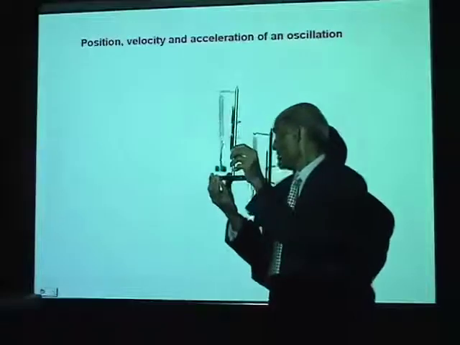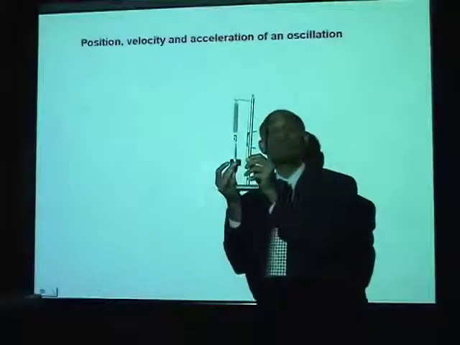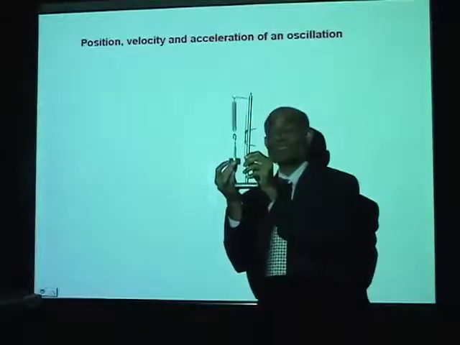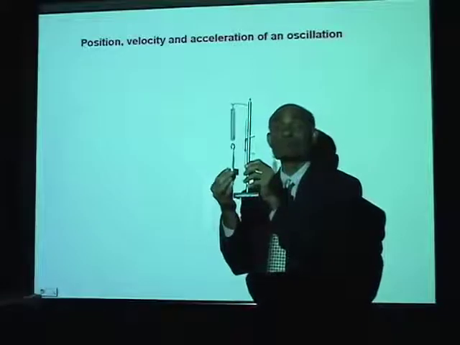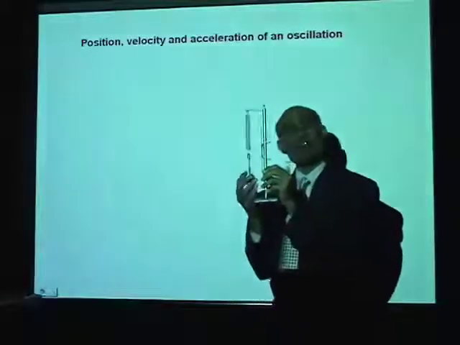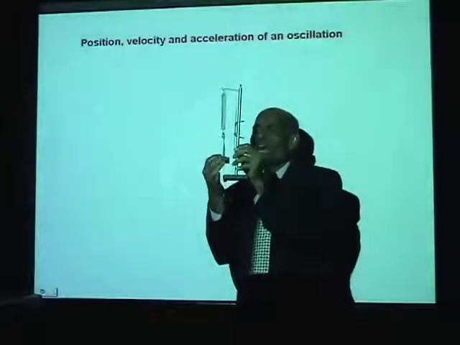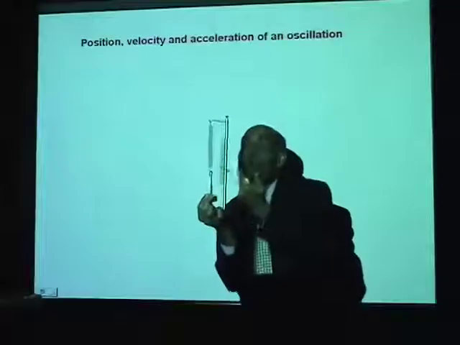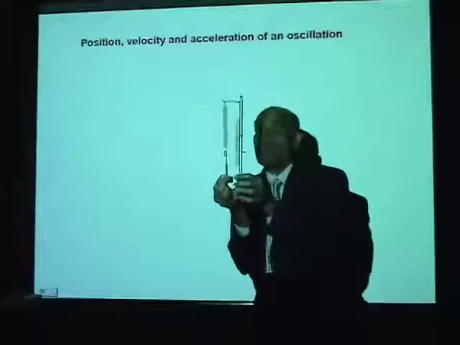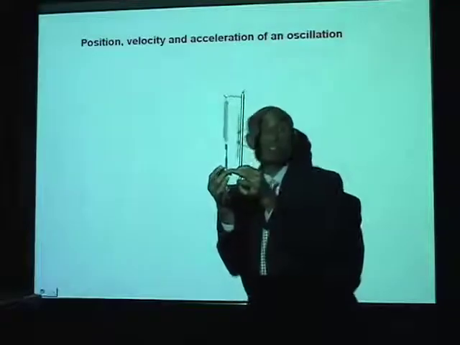Well, the maximum velocity occurs when the object is in the equilibrium position. Is that right? And it has no velocity at either extremes. Now, how about acceleration? You see, when I pull the mass down, the spring pulls it back. That means the load is now subjected to a net force.